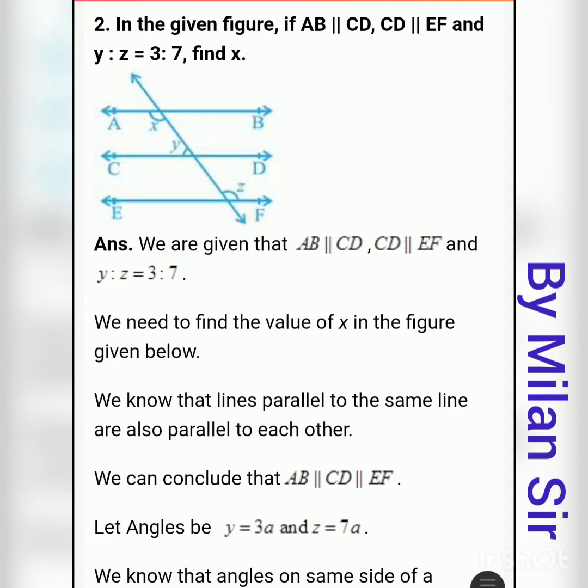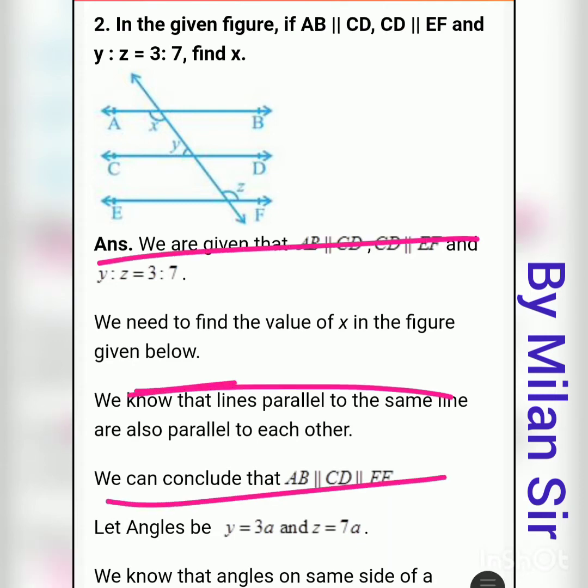Now, if we look at these two parallel lines, CD parallel to EF, this forms one Z. So these two angles are the same, and the reason is alternate interior angles. Alternate interior angles are equal.